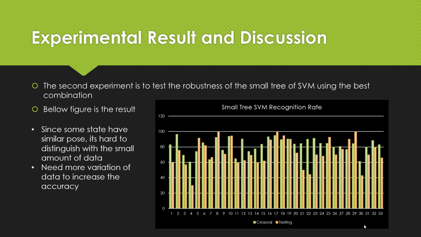The result may not be high since some states have similar poses, so it's hard to distinguish them with a small amount of data. So we also need to add more variation in the data to increase the accuracy of this system.